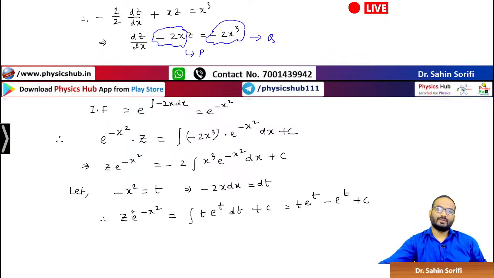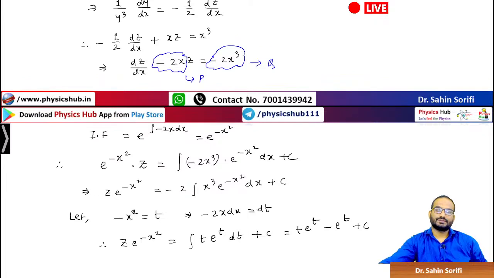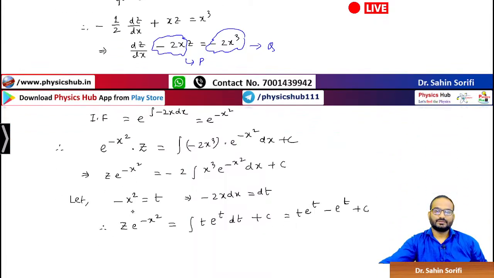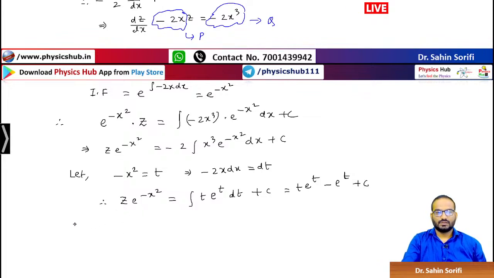Now put back whatever you have taken. Z equals 1 by y square, we have taken, and t is equal to minus x square we have taken. So let's put them back.